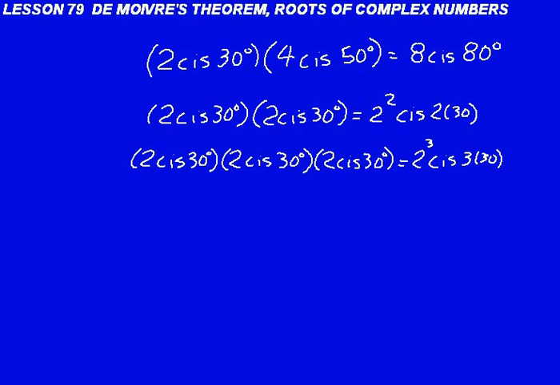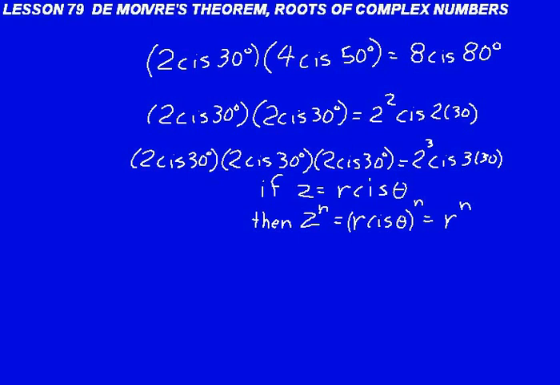So do you see the pattern there? If we repeatedly multiply a complex number by itself, we get this pattern to develop, and we could just say that if z was equal to r cis theta, then z to the power of n is going to be equal to r cis theta to the n, which we can just change to r to the n cis n theta.